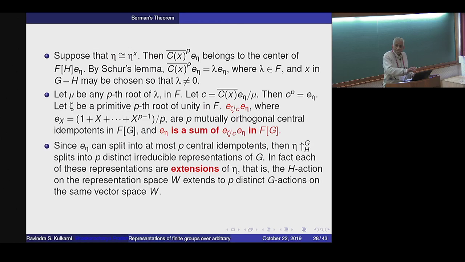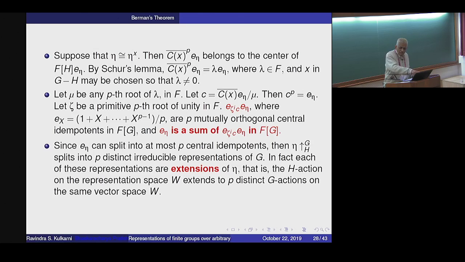Now, we are going to compute the PCI of this corresponding representation of G. Now, C bar x to the p e eta belongs to the center of F H e eta.